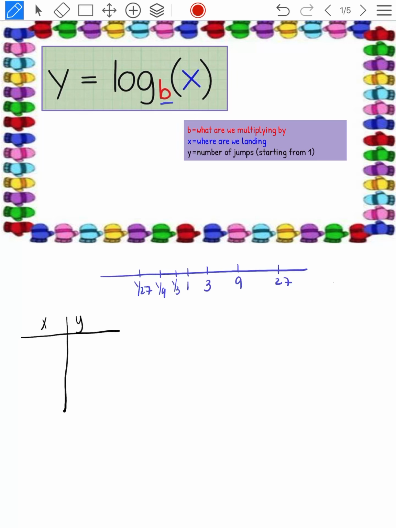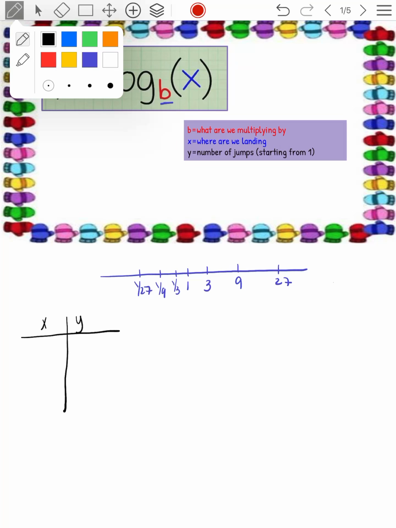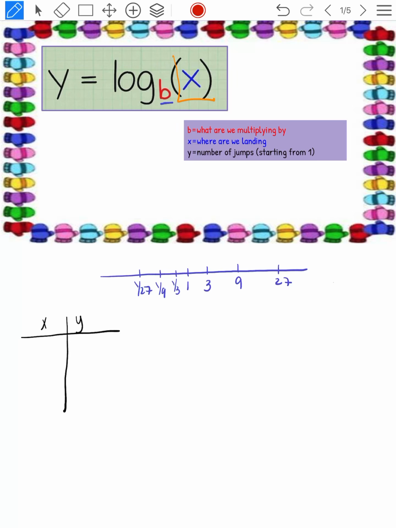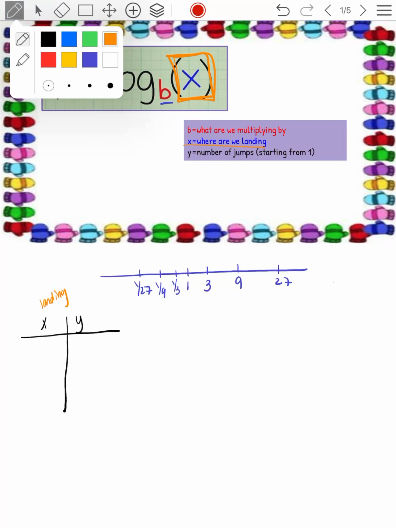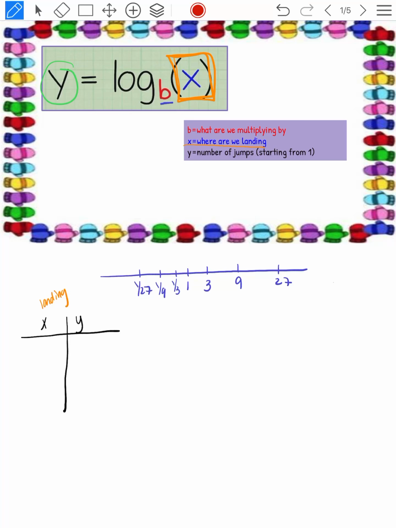then help us graph. We then remembered to talk about how x, the argument of the function, represents where we are landing on our number line, and that the y value, the output, is going to represent the number of jumps.